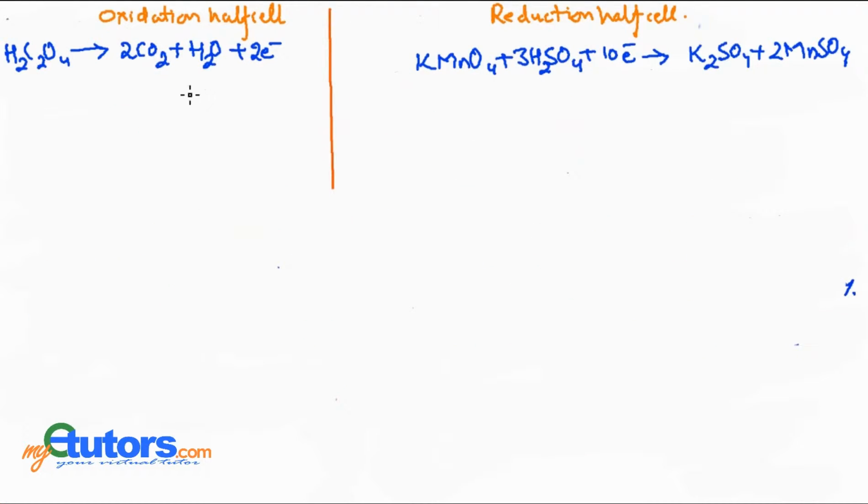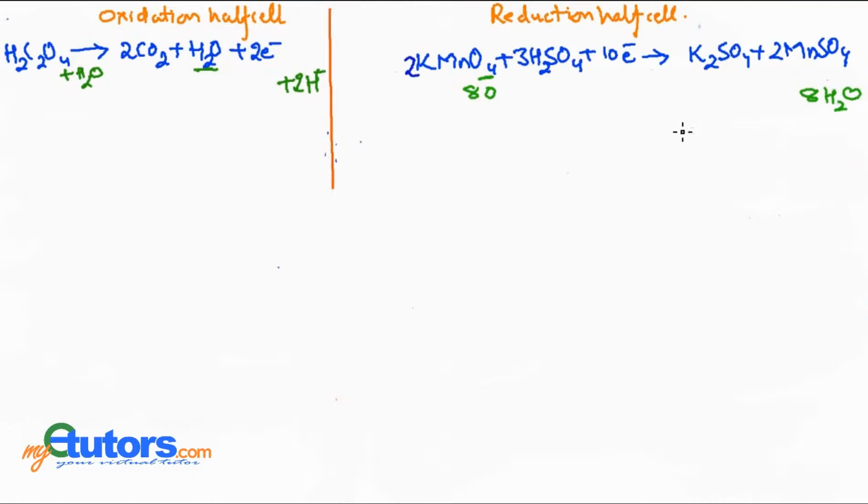Now this equation has sulfuric acid, so we would add acidic medium for balancing the redox equation. In acidic medium, we can add H plus ions and water molecules as per our requirement on any side of the oxidation or reduction half cell to balance hydrogen and oxygen.